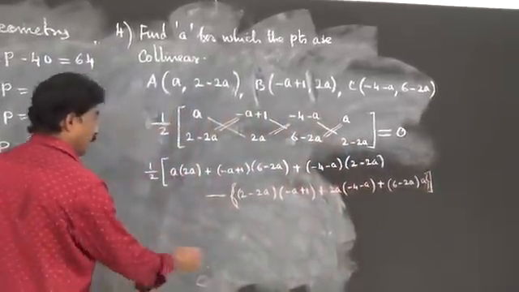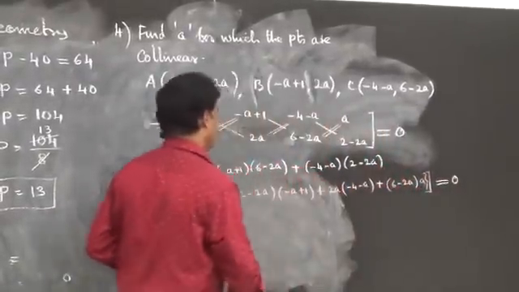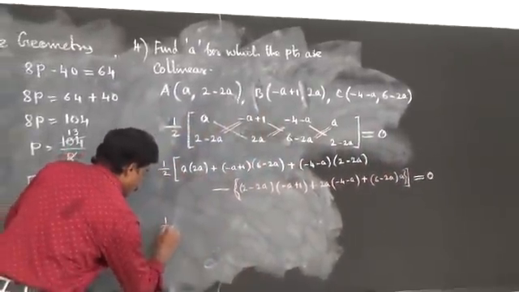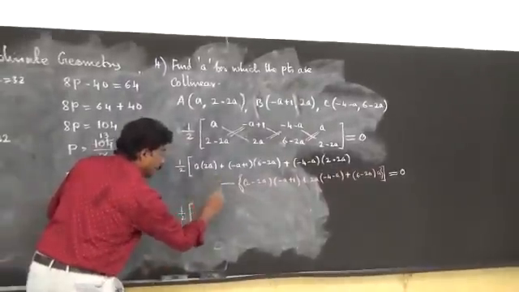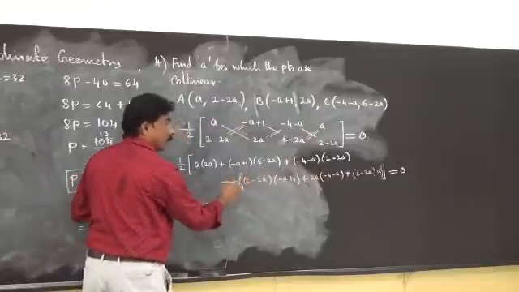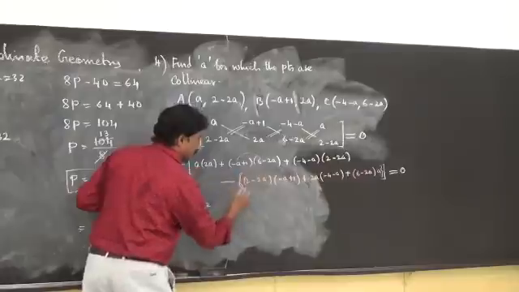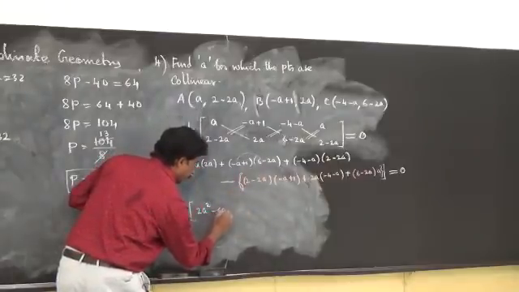So when you multiply, it equals 0. So 1 by 2, a into 2a is 2a square. Here you have to multiply two things, (a plus b) into (c plus d). So minus a into 6, minus 6a.